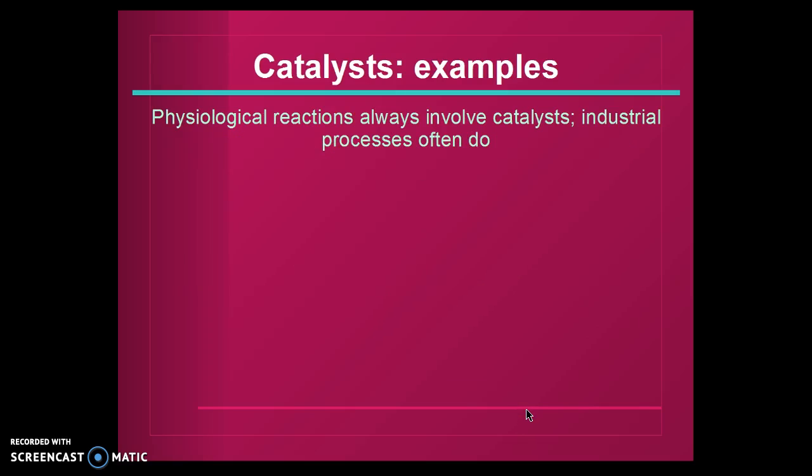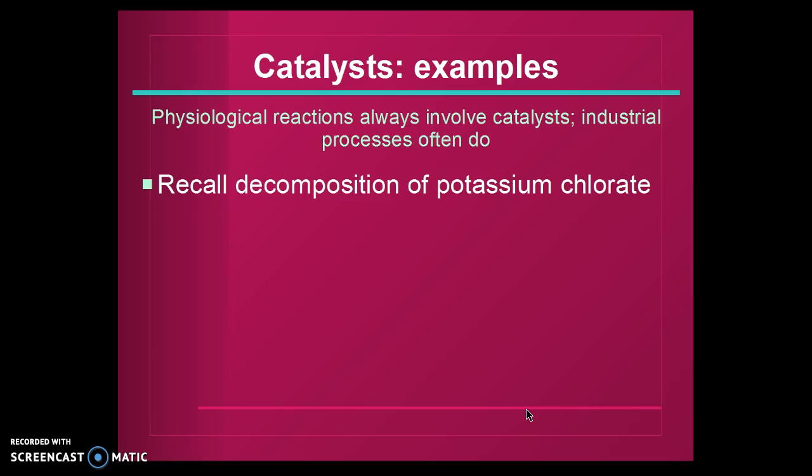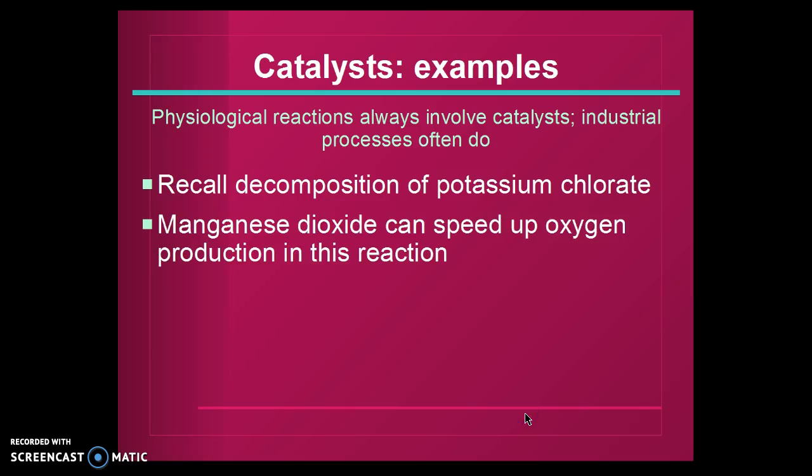Now, physiological reactions, as we'll see in part 2, always involve catalysts and catalysis. Industrial processes frequently do. Let's recall, if you perhaps have seen the decomposition of the white salt potassium chlorate, it produces oxygen and potassium chloride.